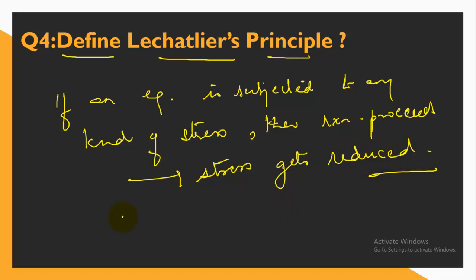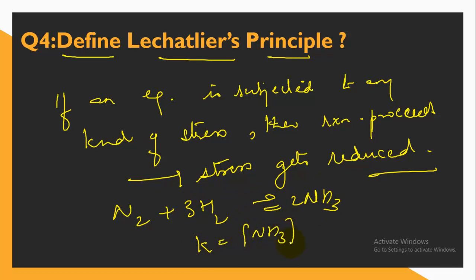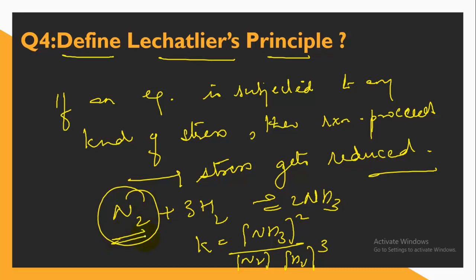Let's take an example also. Let's say we have a reaction like this, that is the formation of ammonia. So we know that K is written as the concentration of products raised to their respective moles over the concentration of reactants raised to their respective moles. Now, if we increase the concentration of nitrogen, that means the reaction will get disturbed because it will be subjected to a kind of stress, as the concentration of N2 is increased from the normal amount.